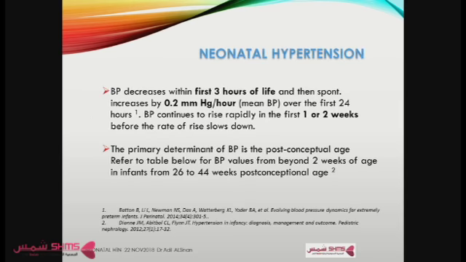Blood pressure decreases within the first 3 hours of life, then spontaneously increases 0.2 millimeters per hour over the first 24 hours. And as we said, it's 1 to 2 millimeters per day, then after 1 to 2 weeks, 1 to 2 millimeters per week, up to 6 weeks.